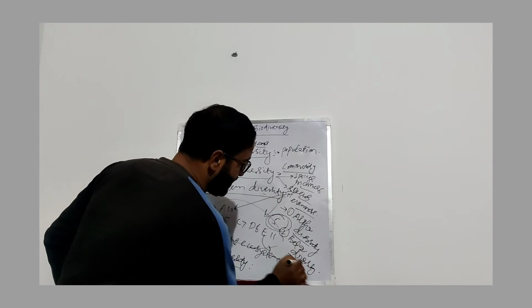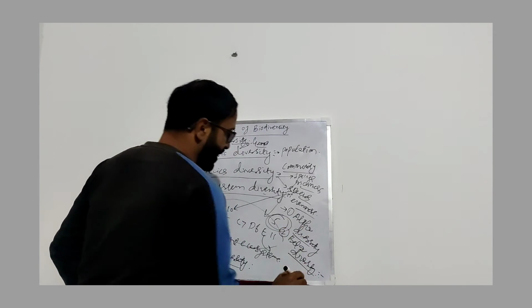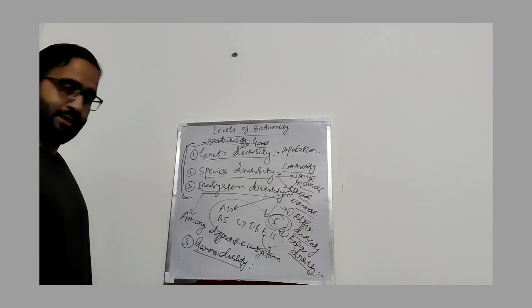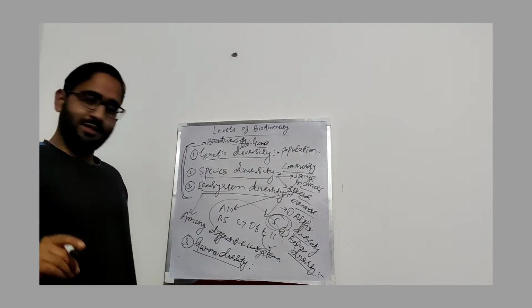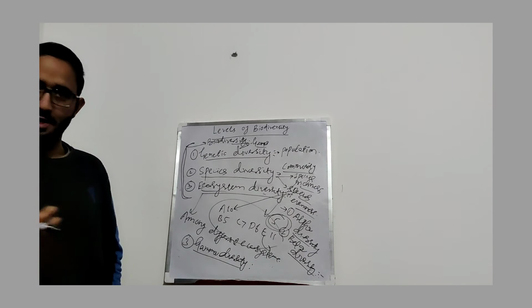These indices help in measuring the biodiversity. These alpha diversity, beta diversity, and gamma diversity help us in measuring the biodiversity.